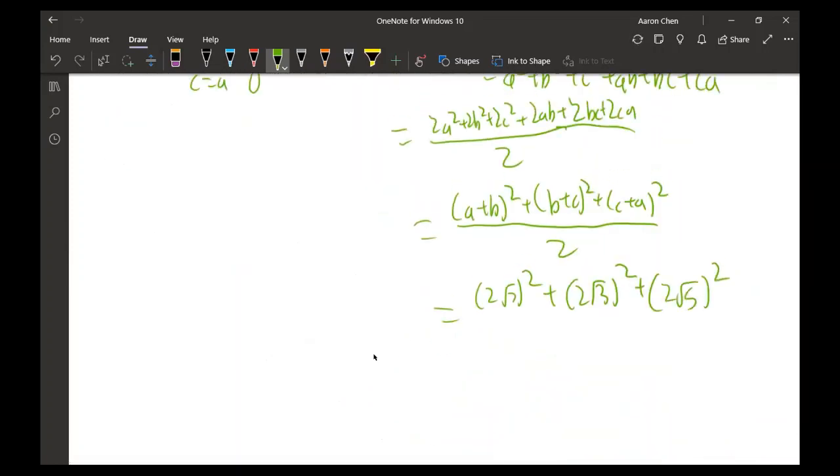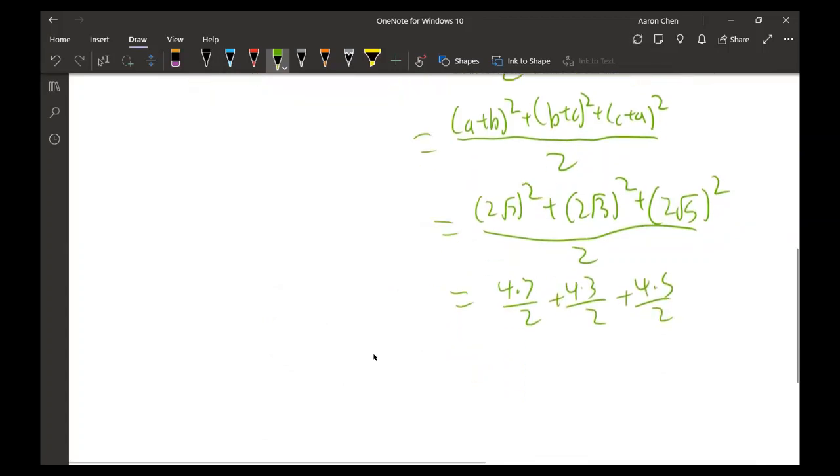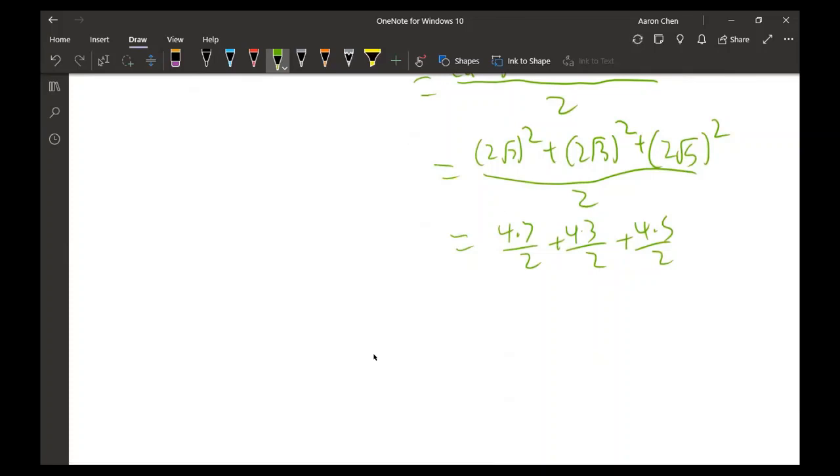And we square these, all divided by 2. And so this is 4 times 7 over 2 plus 4 times 3 over 2 plus 4 times 5 over 2. And so this simplifies to exactly 30. And so the answer to this question is just 30.